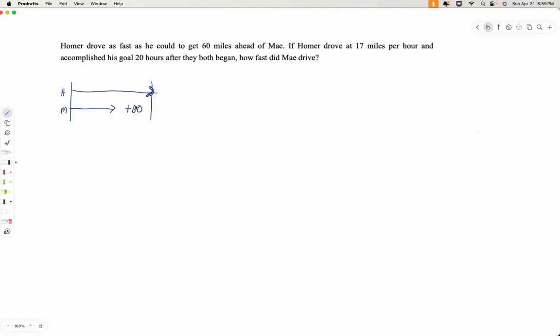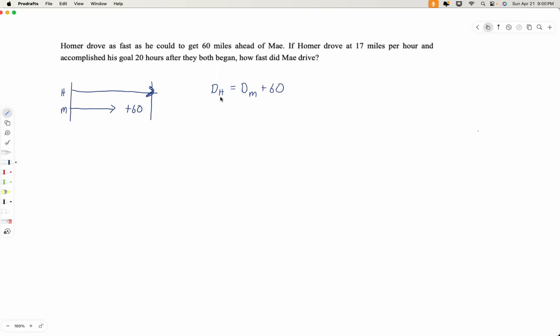There's a 60-mile difference. So the distance of Homer is equal to the distance of May plus 60 miles. You can see his distance is the same thing as May's distance, and then he's 60 miles ahead of her.